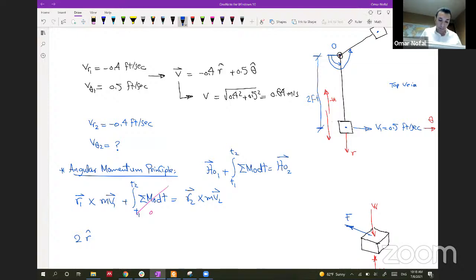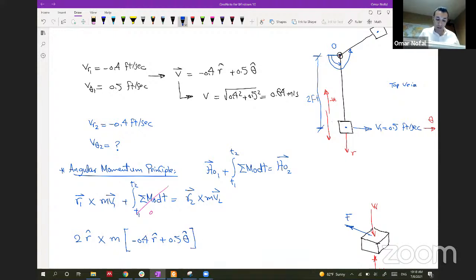Then this is crossed with the mass M multiplied by V1. The V1, we have it here: negative 0.4 in the R hat direction plus 0.5 in the theta hat direction.